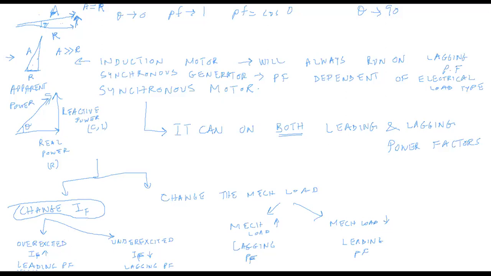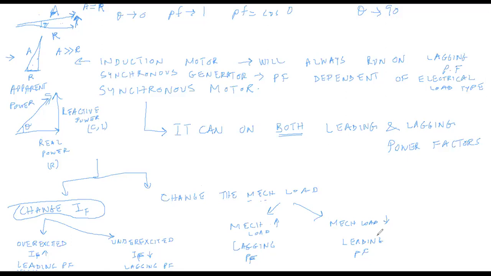That means you could make it run in a leading power factor mode by making it overexcited, or you could also adjust the mechanical load, because your synchronous motor is now not actually a device to do mechanical work. You are just using it as a power factor correction device. So you could just adjust the mechanical load and make it run as a leading power factor machine by reducing the mechanical load.